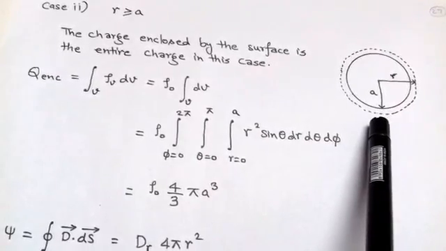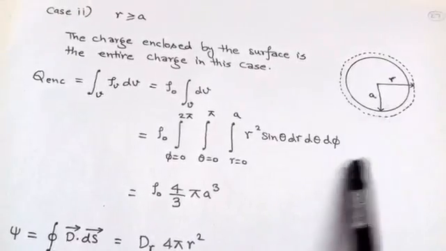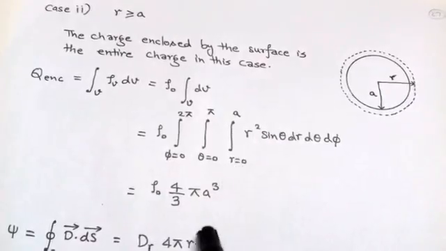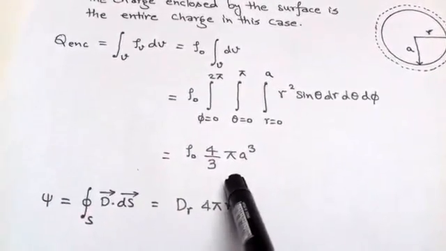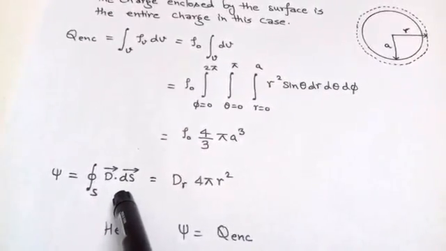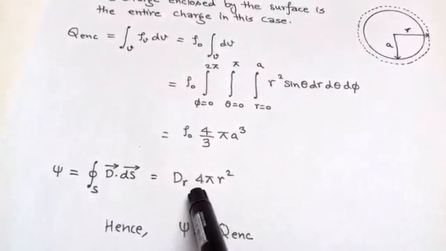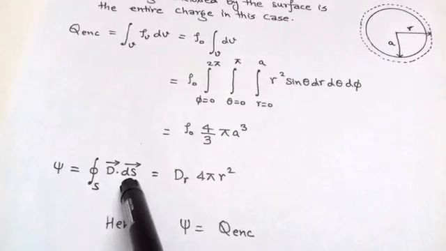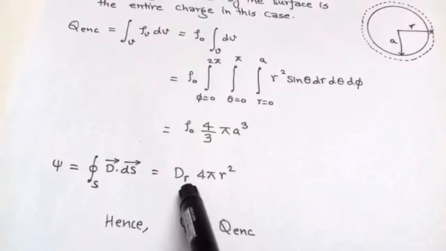After calculating this, we get rho naught 4 upon 3 pi a cube. Here the flux psi equals the closed surface integration of D dot dS. The vectors D and dS have the same direction, so the dot product is 1 and we get only the D r component, and the surface area of the sphere is 4 pi r squared.